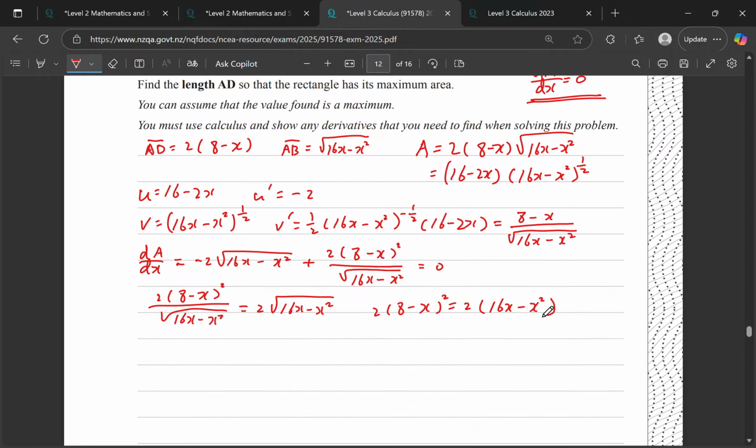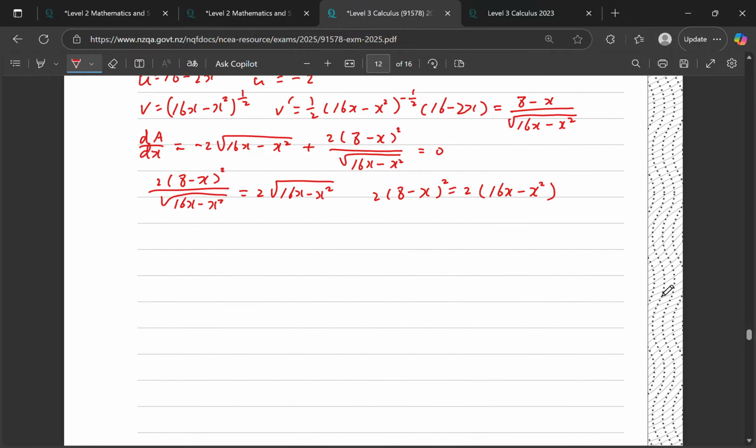And we are going to expand: 8 minus x squared is 64 minus 16x plus x squared.